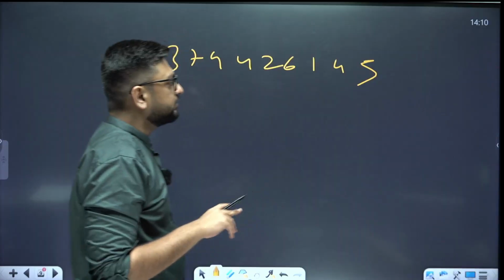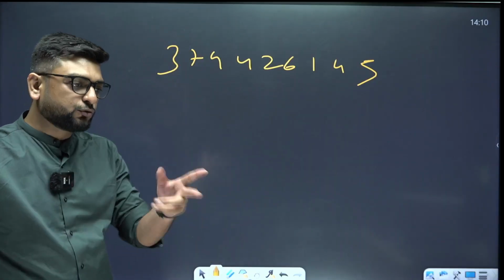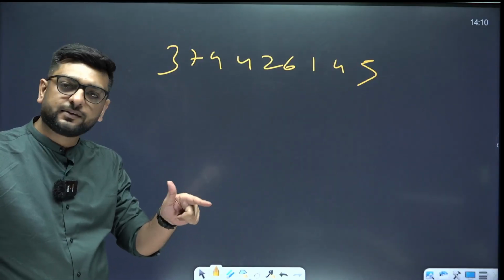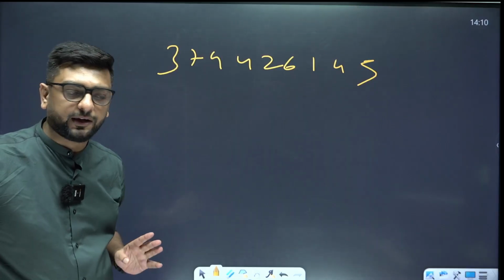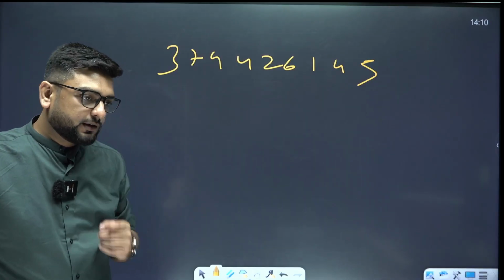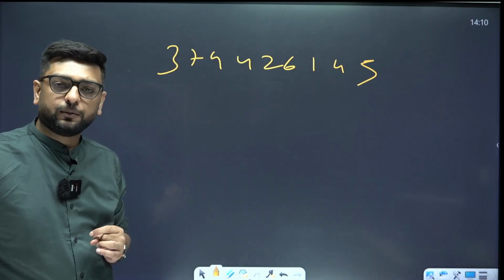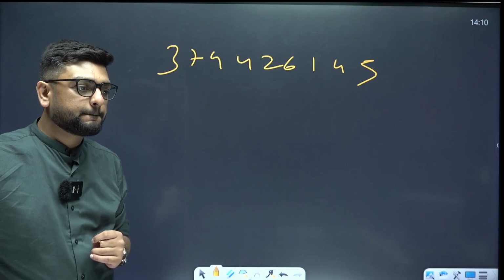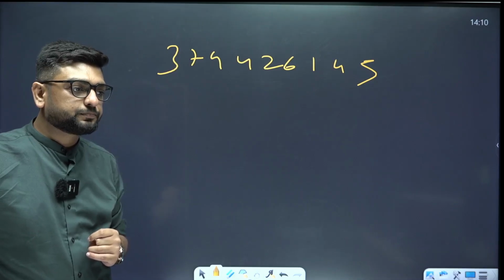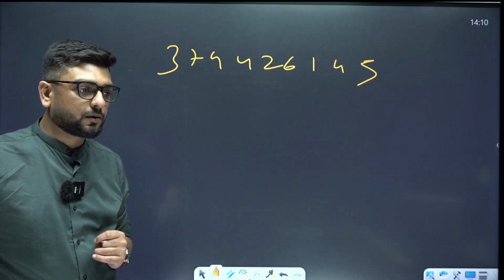Let's suppose if 2 and 6 are left, add them. 2 plus 6 is 8. 8 divided by 3, whatever the division is, you will get the remainder. Did you get it now, Parul? Good.